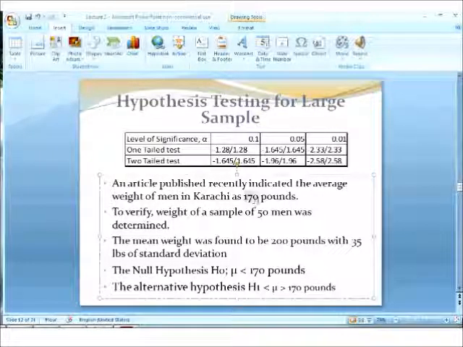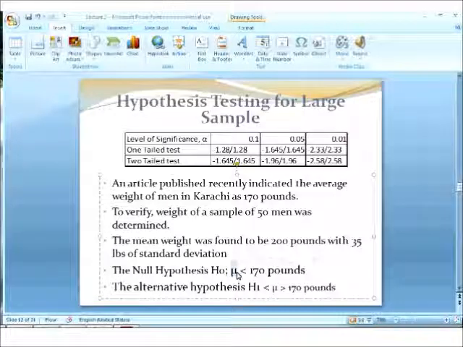So this claim was made somewhere else. To verify that, this company collected the sample weight of 50 men, and they found an average weight of 200 pounds and a standard deviation of 35 pounds. Now the null hypothesis that this company makes says that the average weight of men is less than 170 pounds.